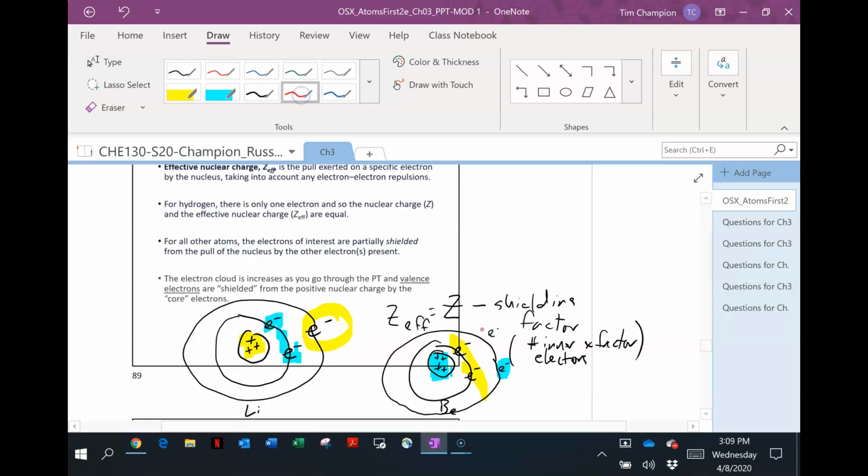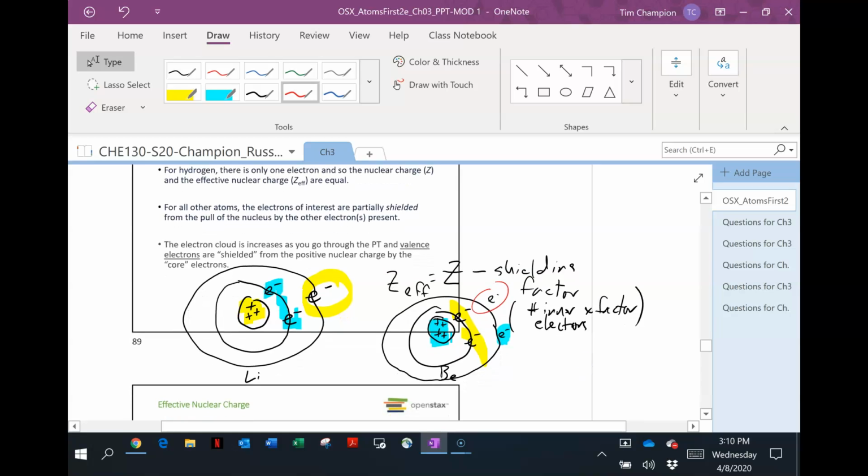But this other electron out here doesn't do much shielding because it's not in between the outermost electron and the core. So if we had just a simple shielding factor, if we said that they were perfectly shielded, that the factor was 2, this Z effective here would be 3 minus 2, or 1. This Z effective would be 4 minus 2, or 2.